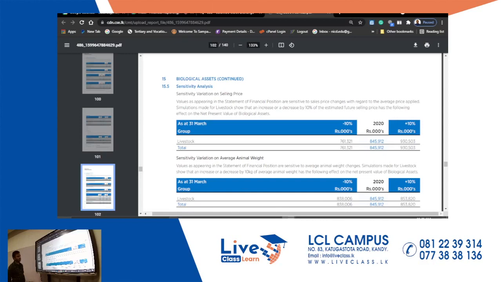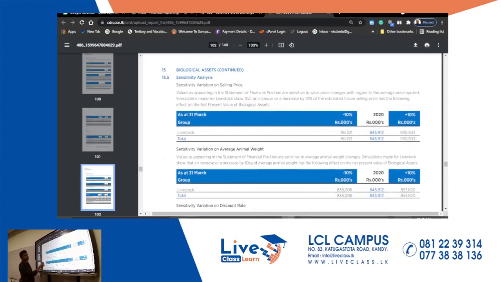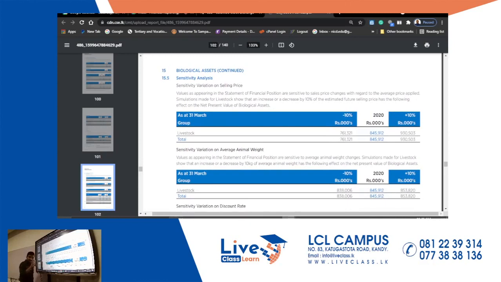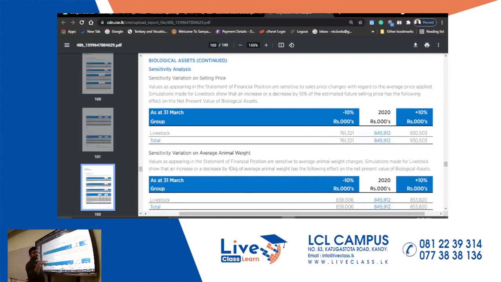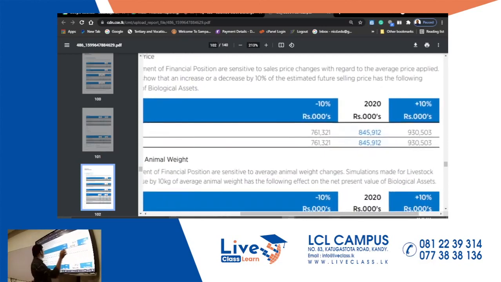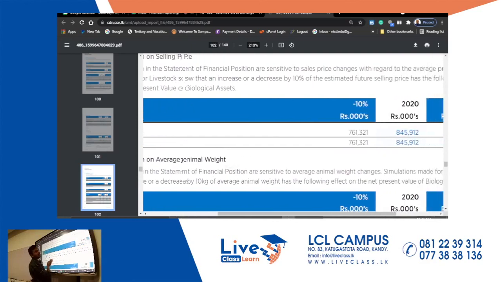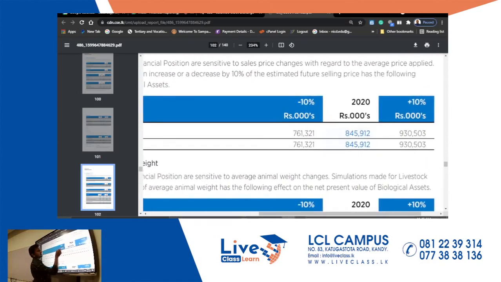Simulations made for the livestock show that an increase or decrease of 10% of the estimated future selling price has the following effect on the net present value of the biological assets. I am simplifying this a lot for you. Simply, if the milk price falls by 10%, there is an impact of 761 million on the biological assets. If the selling price, of milk liters or of beef from the animals, goes up by 10%, this is the impact on the P&L and the balance sheet, whether it increases or decreases.